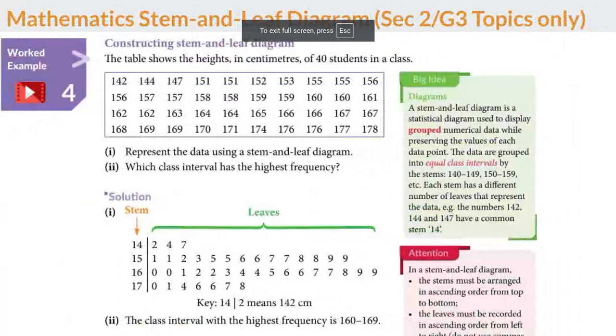Back to here. This is a stem and leaf diagram from the textbook. Do not ask me how I got it, I got it from the SLS. Now look at worked example 4 here. You can see that the stem is increasing and the leaves are long.